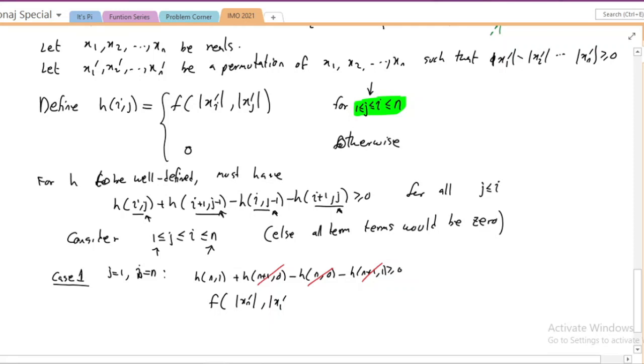So this will be less than or equal, so we want this to go in order.